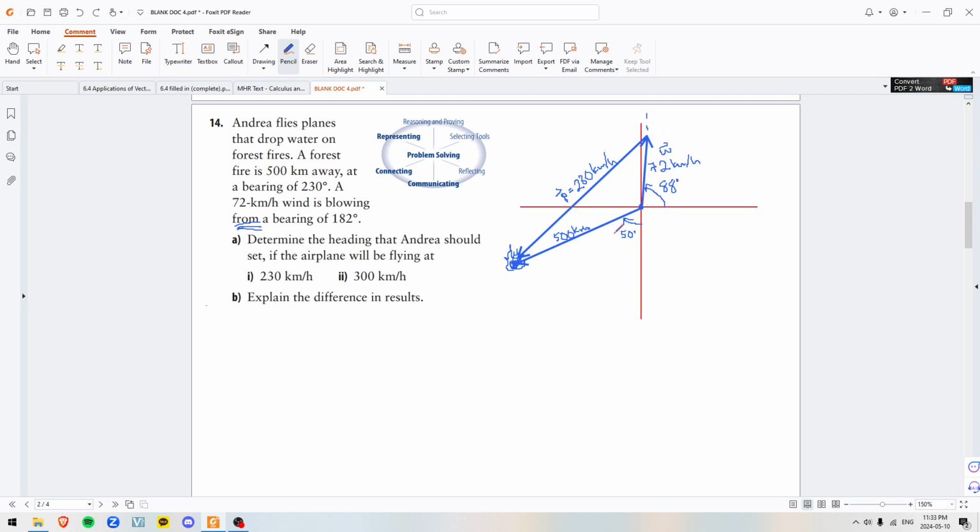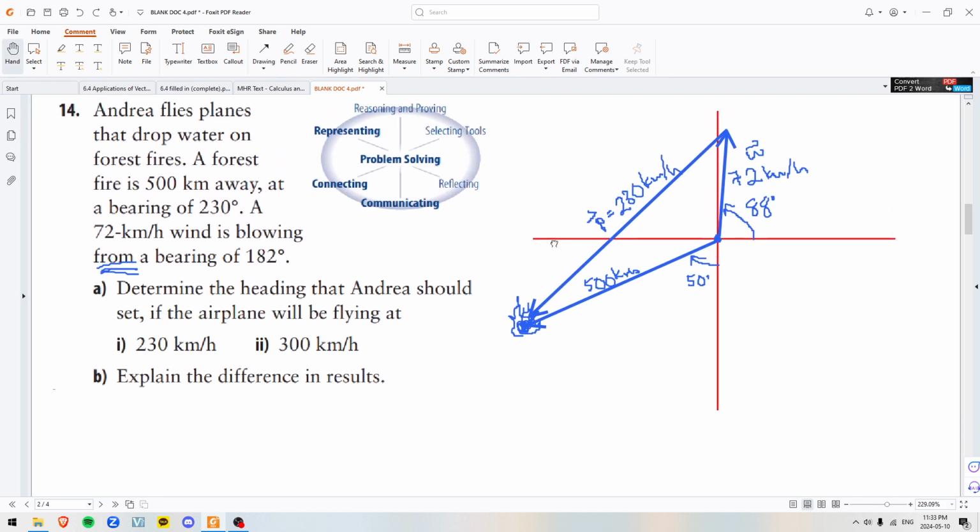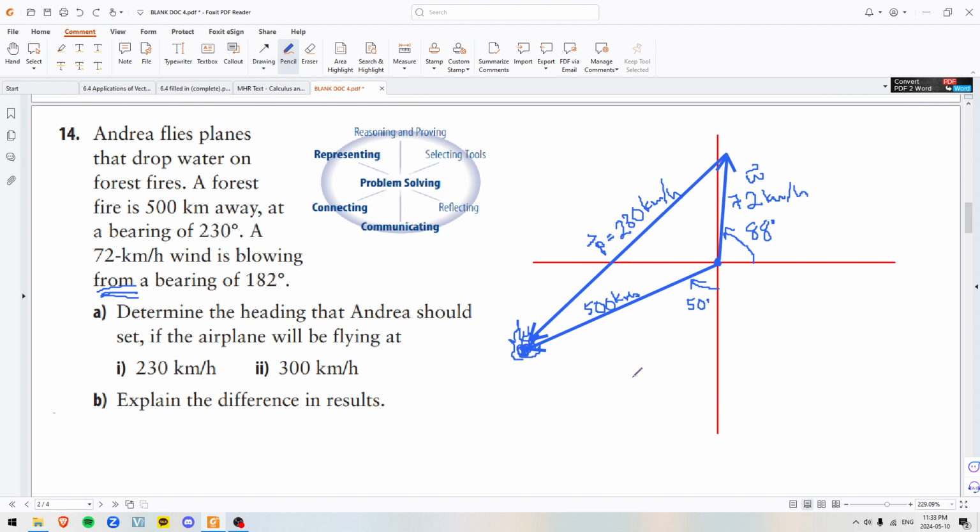Let's add some angles inside the triangle so that I can start using either sine law or cosine law. What do I know? Since this is 50, I know the inside here is 40.